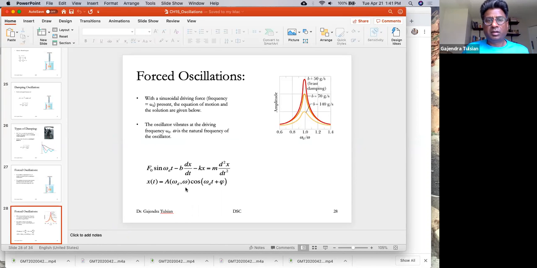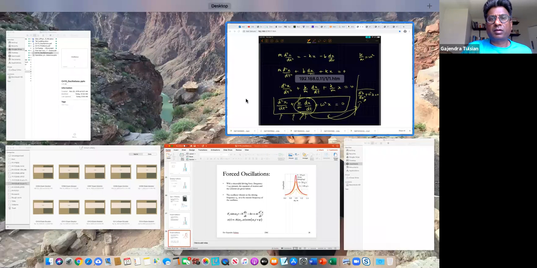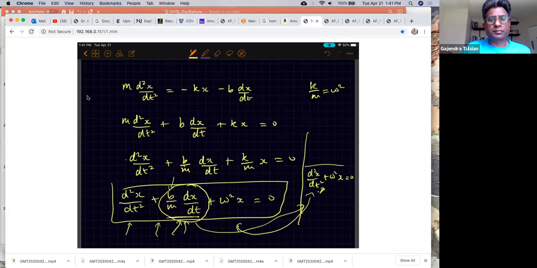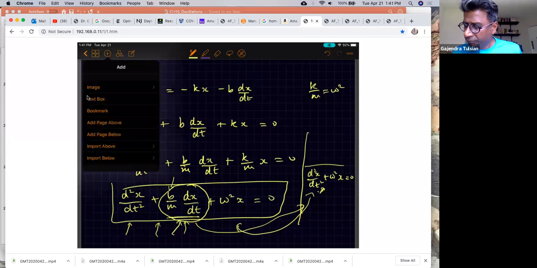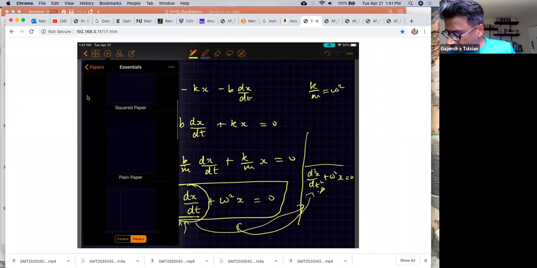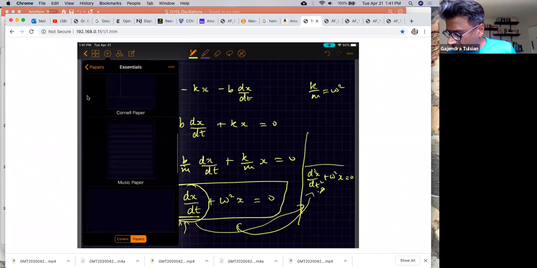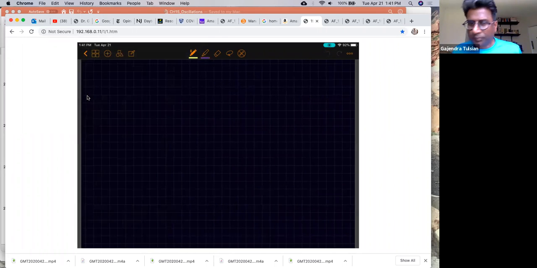Let's add a page below. So in that equation, this was the amplitude of the force, F naught, times cosine.